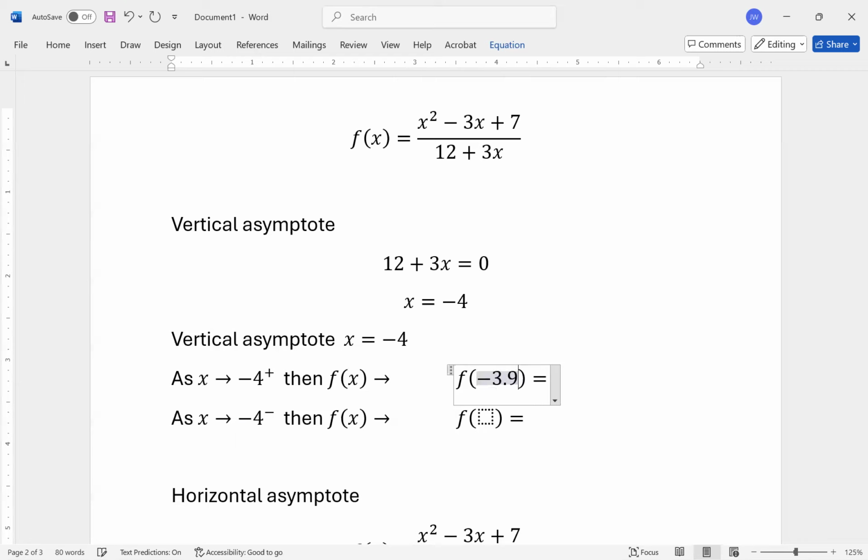So slightly bigger than negative 4 on the x-axis is a number like negative 3.9999. So we're adding 0.0001 essentially. And a number that's slightly below negative 4 on the x-axis is something like negative 4.0001. Again, that's how it goes.